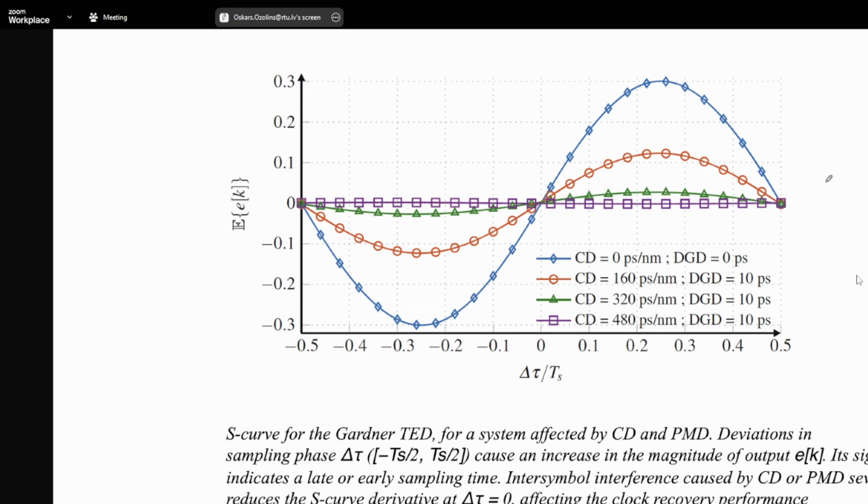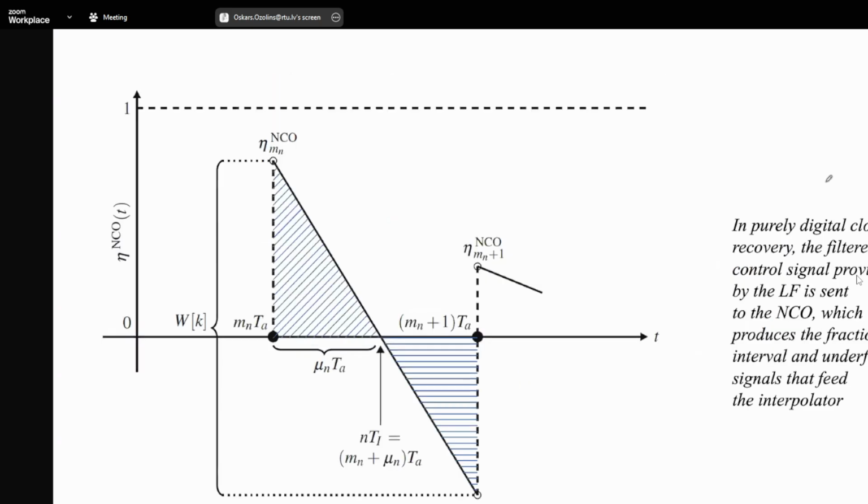The curve changes a lot, which means that if you have more dispersion or more PMD, then your clock recovery performance may be significantly impacted. Here's just an example of how it is done in digital, just a visualization. I would refer you to the book to read more descriptions about digital clock recovery.